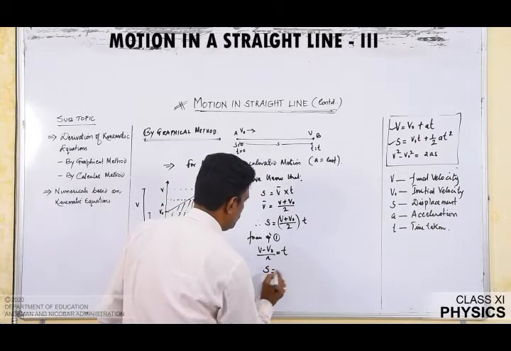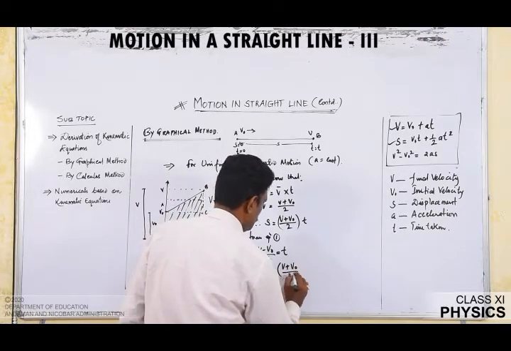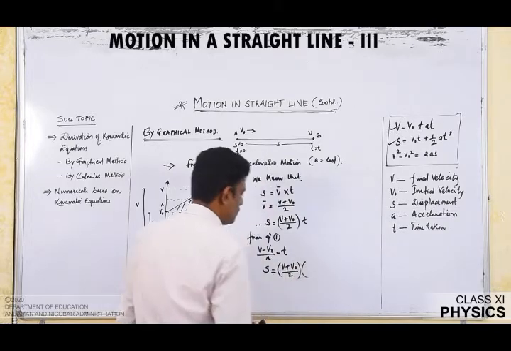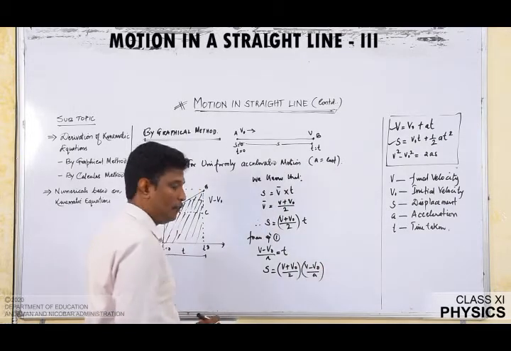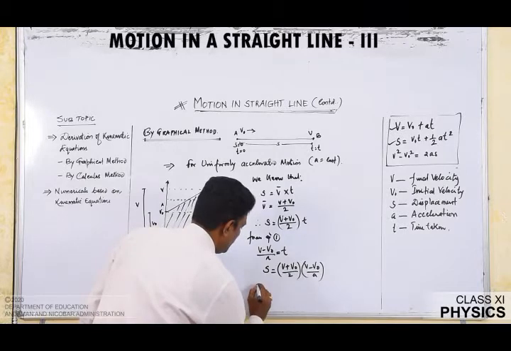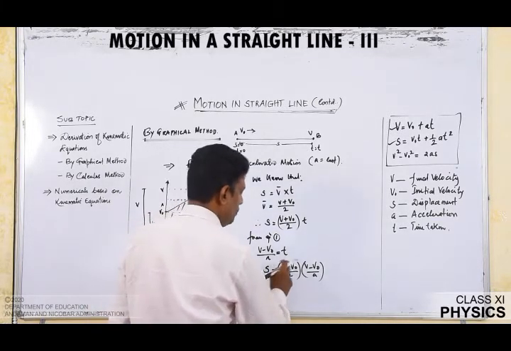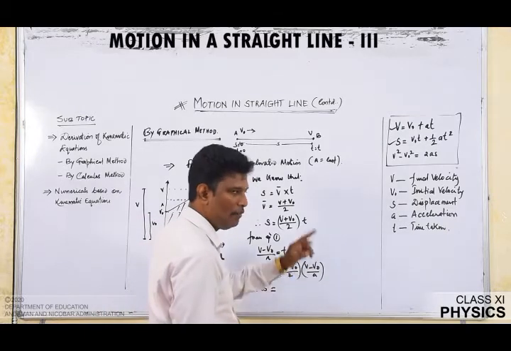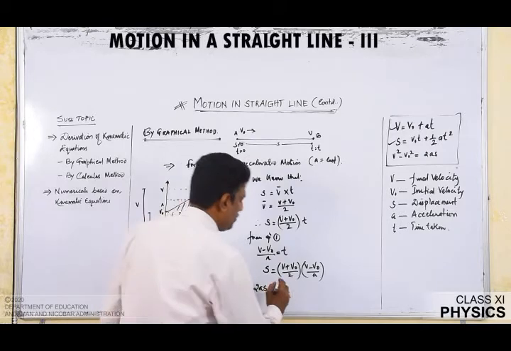So, S is equal to V plus V naught by 2 into, in place of T, V minus V naught by A. Therefore, we can have 2AS is equal to V plus V naught into V minus V naught, that is A plus B into A minus B, that is A square minus B square.